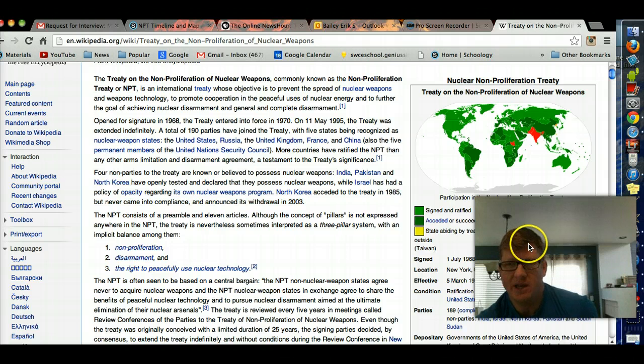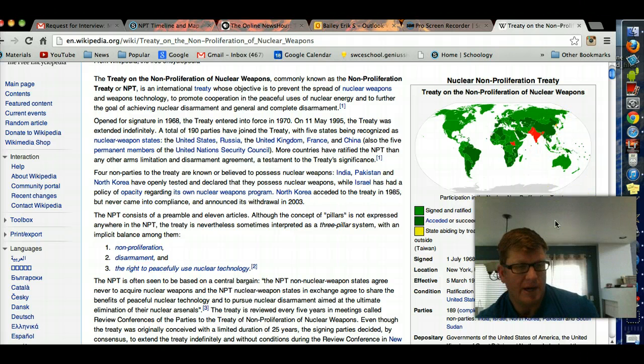Israel's defending themselves against countries like Iran and other countries in the Middle East that don't like them, so they don't sign it. And then South Sudan's kind of a country that's in turmoil, and they don't really abide by the rules. North Korea's withdrawn because they don't abide by the rules either. North Korea's up here.